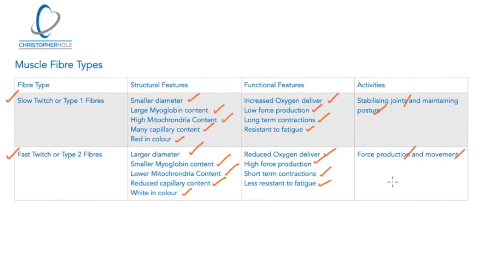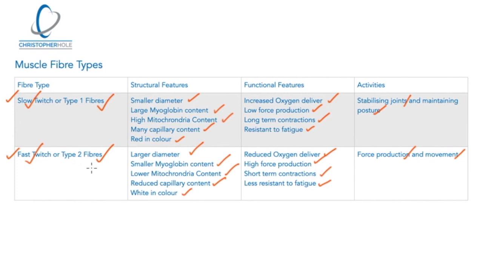There will be definite differences in particular muscles. There is a scale where certain muscles will be higher in these fibers and lower in those fibers, and other muscles will be higher in those fibers and lower in these. So it's not that each muscle will be 100% one and 0% of the other. There will be a scale to it.